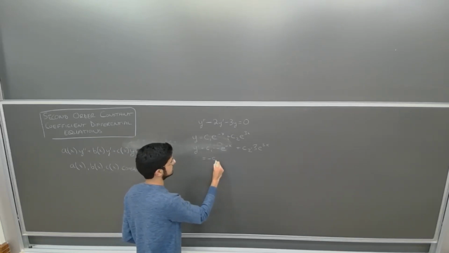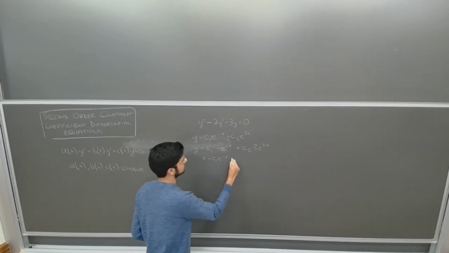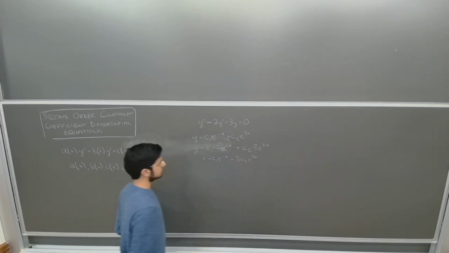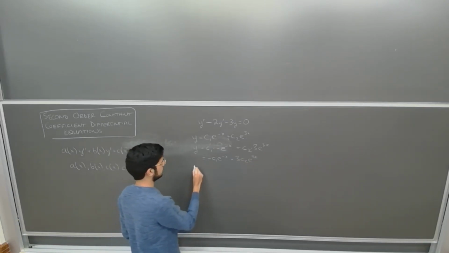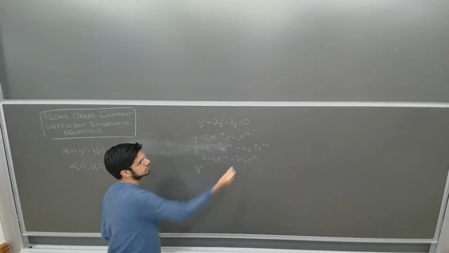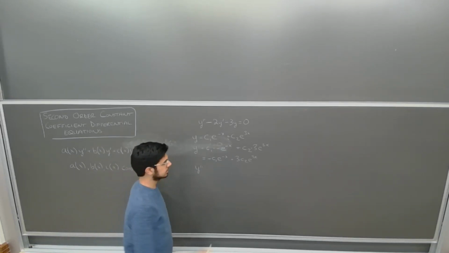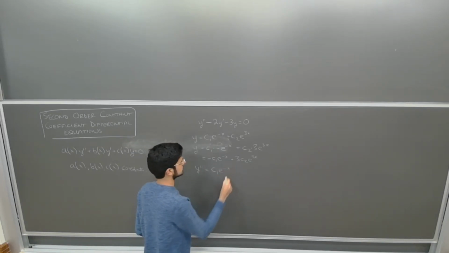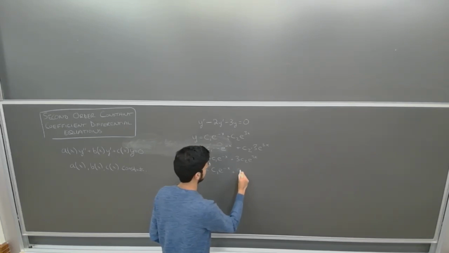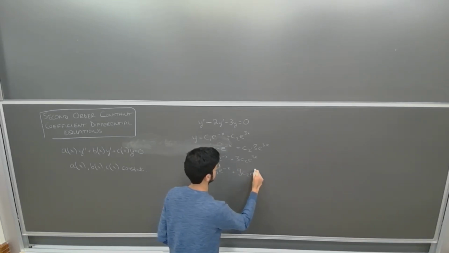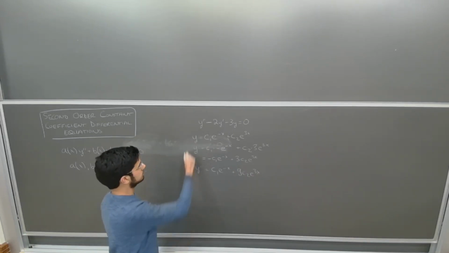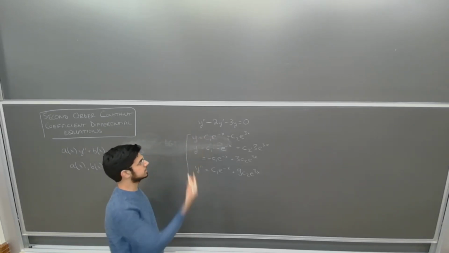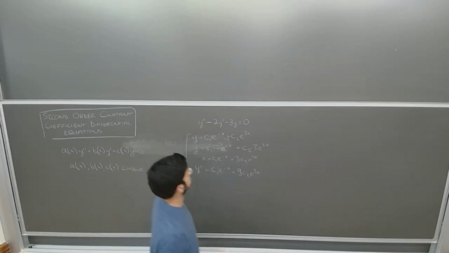This is negative c1 e to the negative x plus 3c2 e to the 3x. And then we need y double prime. So we can take the derivative of this with respect to x, and we should get c1 e to the negative x plus 9 c2 e to the 3x. Cool, so now we have these three, and we're just going to substitute into the left-hand side, and hope that it equals 0.